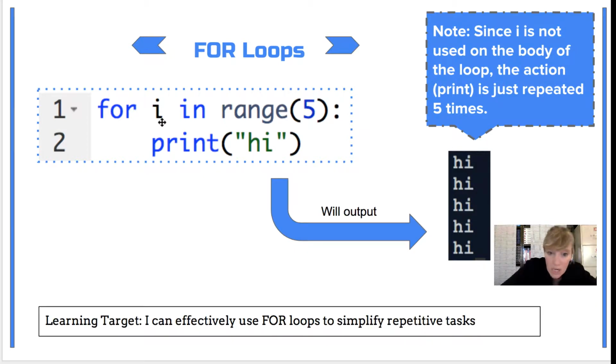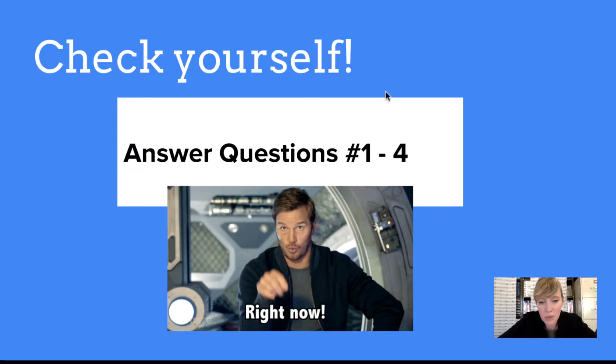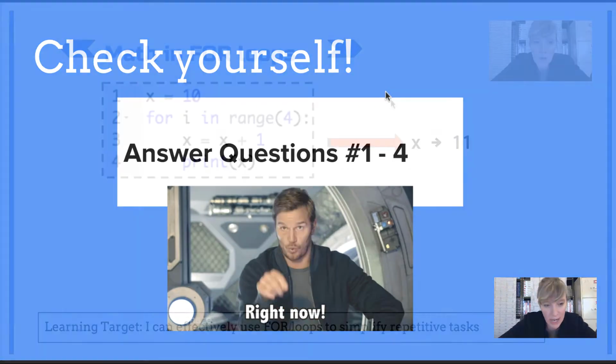So you can use the iteration variable in your loop, or you don't have to. But the structure of the loop says for something in range some number, do a certain action. Sometimes we want to use the iteration variable in there, sometimes we don't. So what I would like you to do right now is check yourself using the quizzes, and you should be able to answer questions 1 to 4 right now.